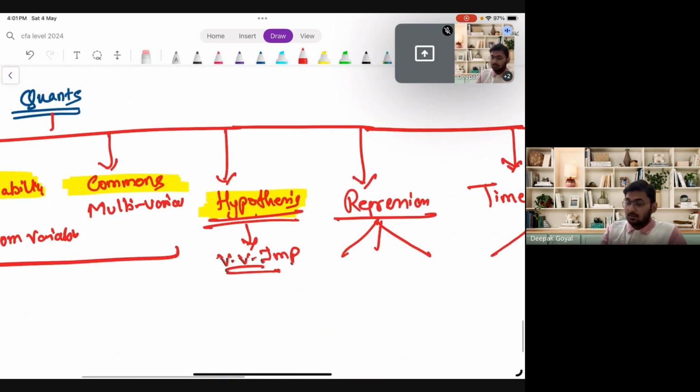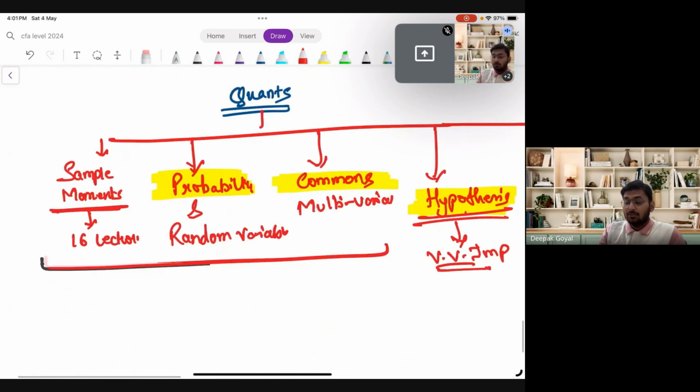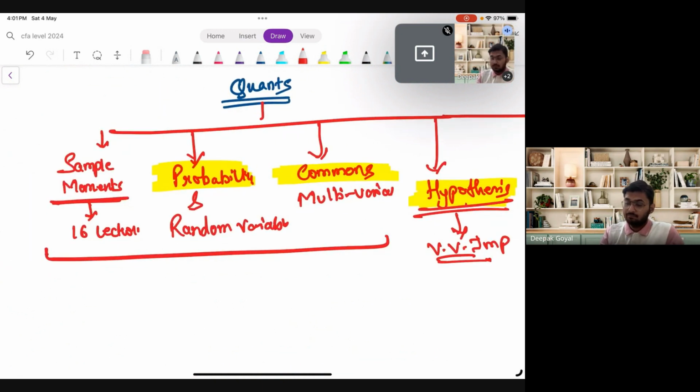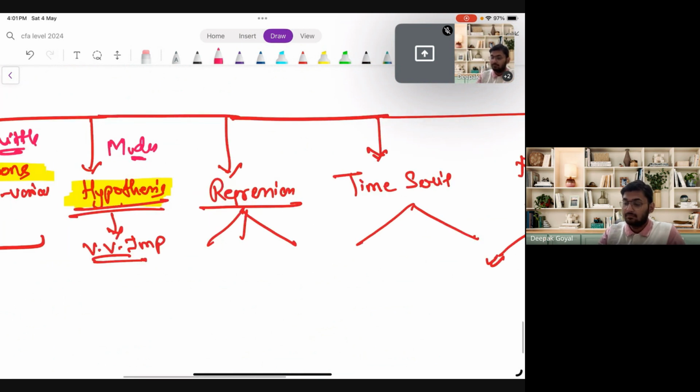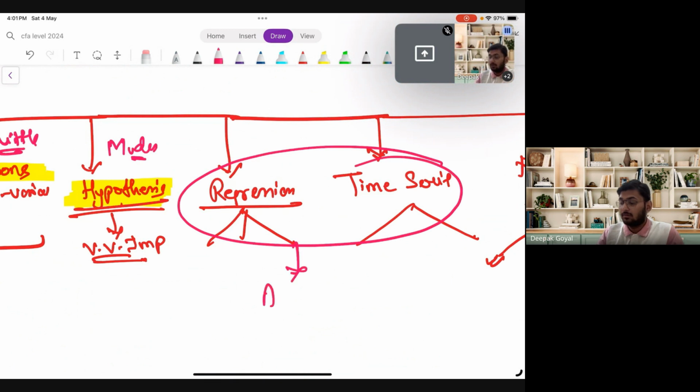Now, where does a student actually get stuck in quants? Over here you will not get stuck, a little bit here, moderate level here, and a lot here.